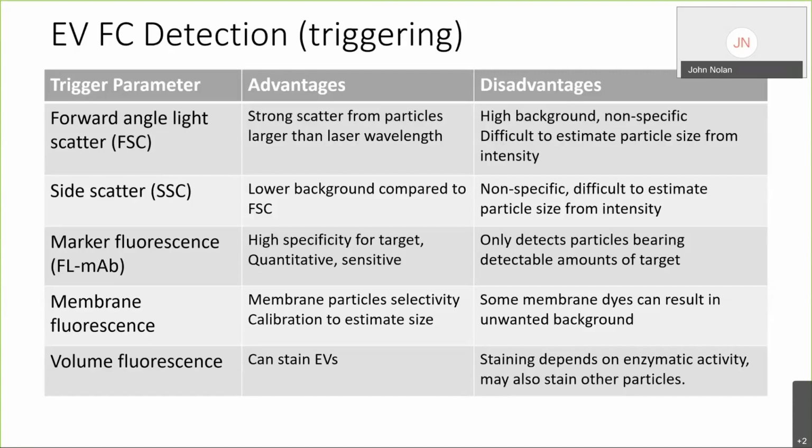And so whether you're using an antibody or a membrane probe or some sort of cytoplasmic probe, one can often get enhanced specificity vesicle detection. Fluorescence trigger.